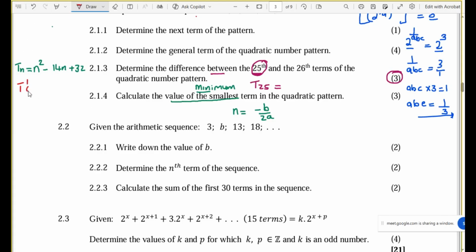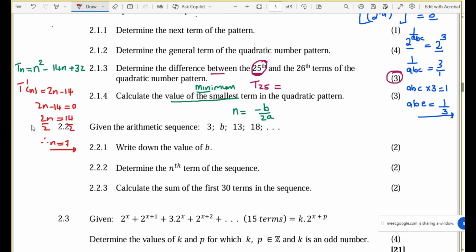The derivative of this is just 2n minus 14. But you equate the derivative to 0. So 2n minus 14 equals 0. So 2n is equal to 14. Divide both sides by 2. Therefore, n is 7.